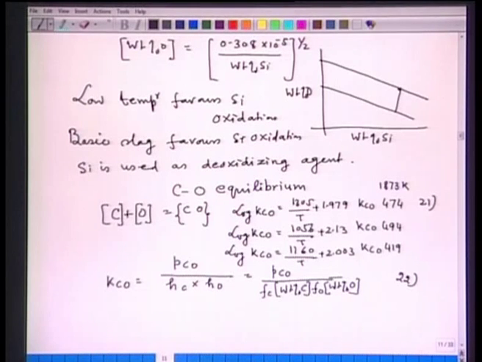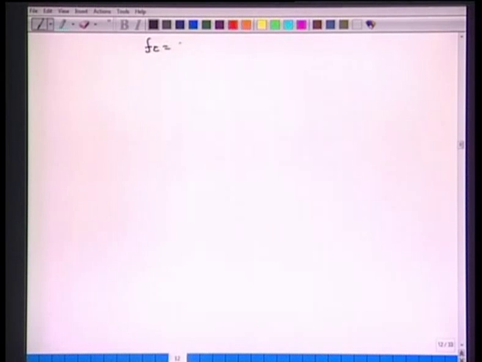Now, assuming the activity coefficients of carbon and oxygen in liquid steel to be unity. However, this value may not be unity, but for the sake of calculation and understanding, let us take fC equal to fO equal to 1, and if I substitute that into equation 22, then I get weight percent carbon into weight percent oxygen equal to PCO upon KCO.